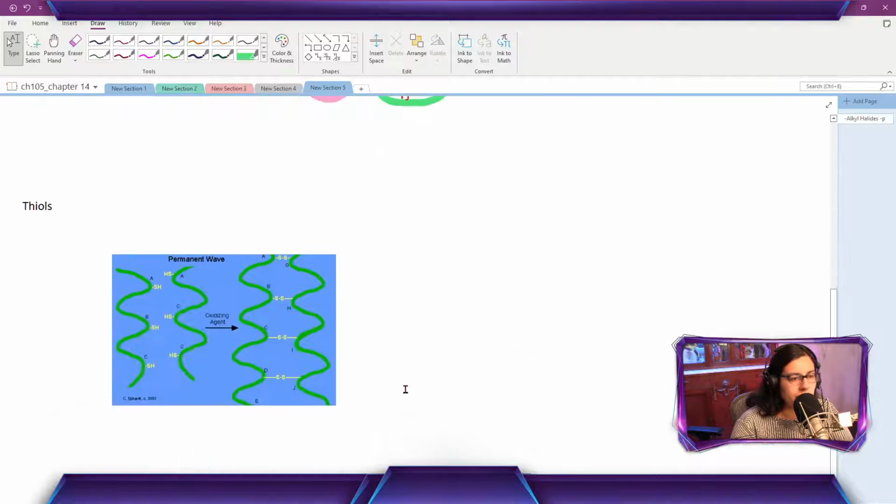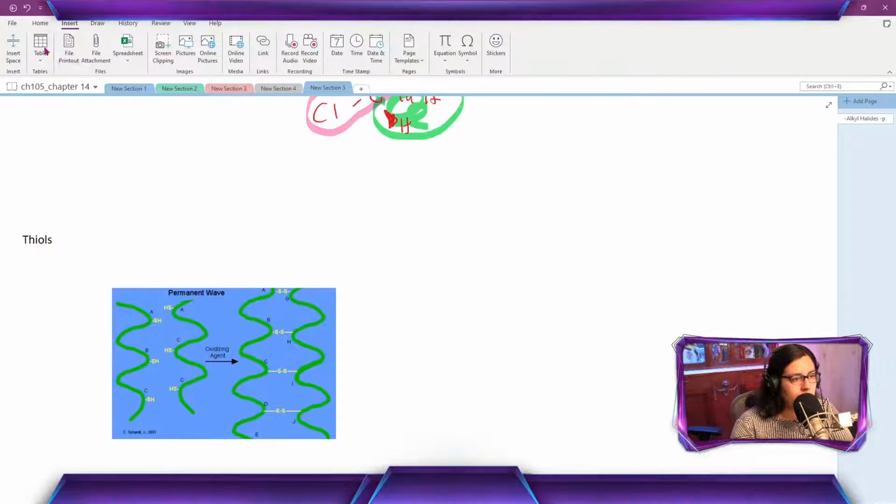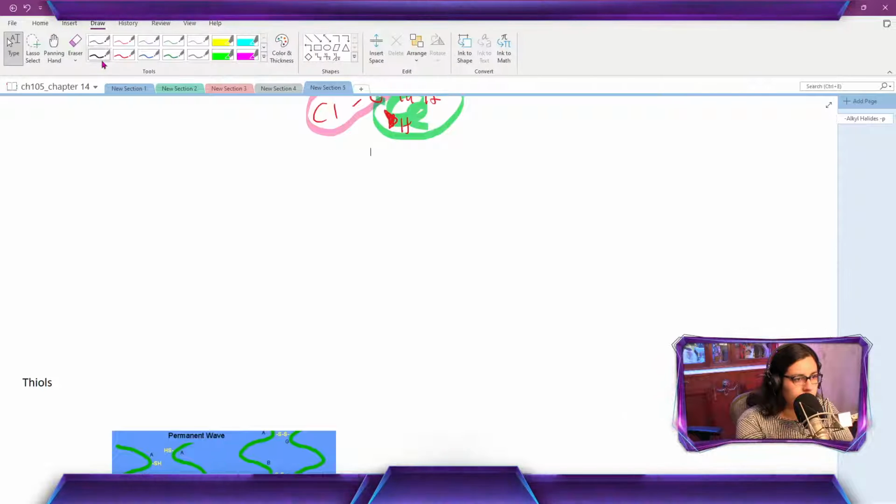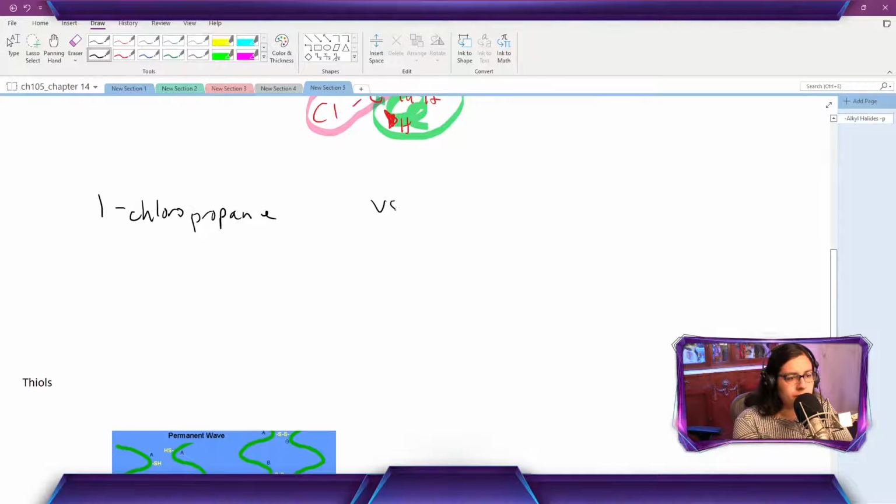And so just comparing boiling points, let's compare 1-chloropropane versus 1-bromopropane, like your textbook. And so the only difference is the bromo versus the chloro.